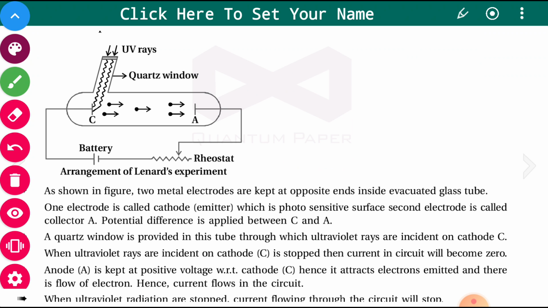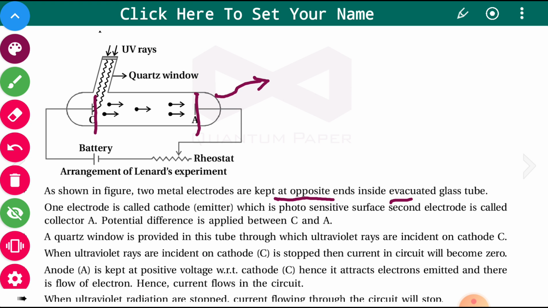The figure is showing two metal electrodes which are kept at opposite ends inside the evacuated glass tube.